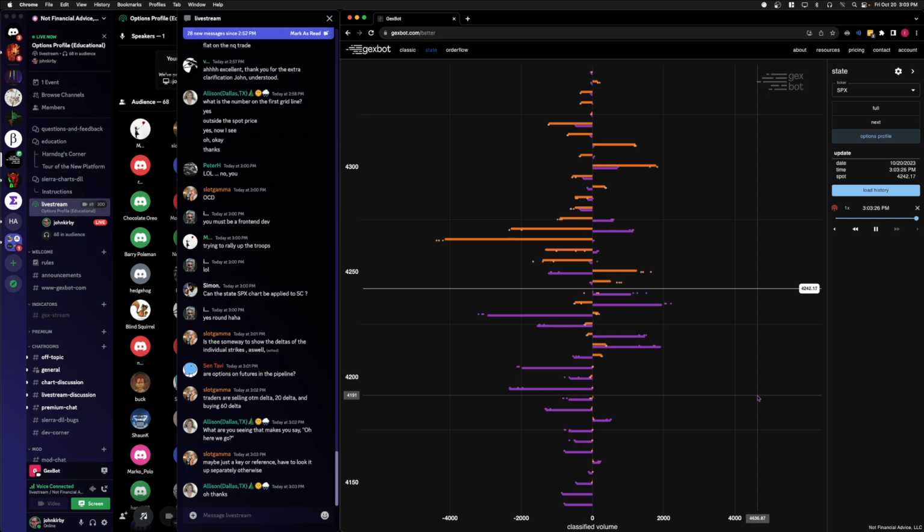These are all 0DTE options. Those are all people who are short, more or less, right? There's somebody who's short on either end of those, and those options are decaying, which means that basically either customers or dealers are able to buy back deltas into EOD, and so that makes it very likely that we're going to get pushed up.